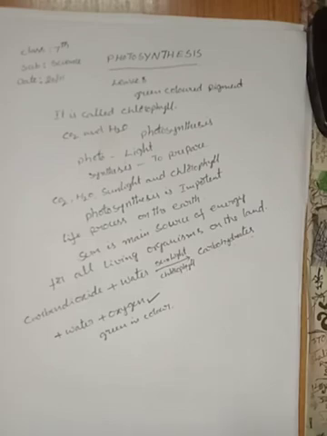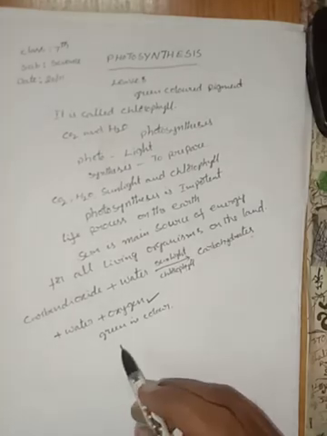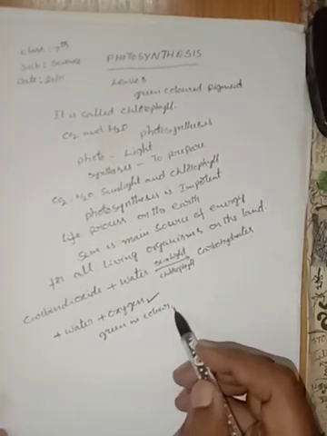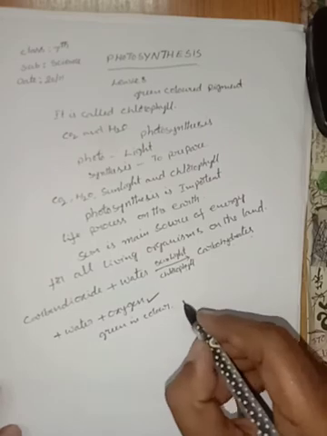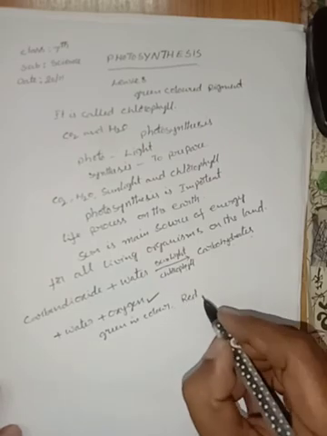Generally in plants, the leaves are green in color. In some plants, the leaves are red in color.